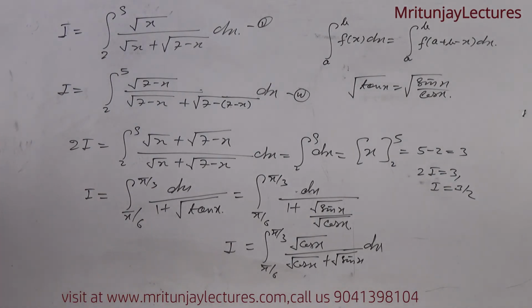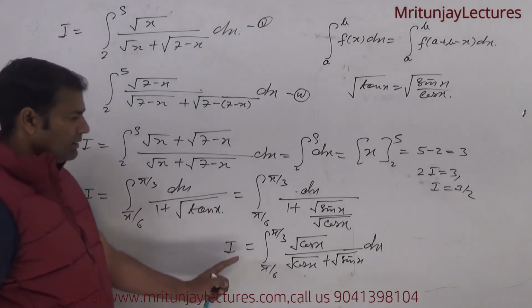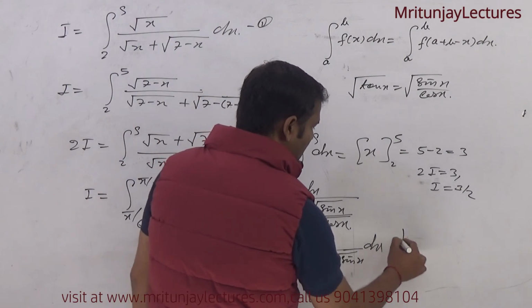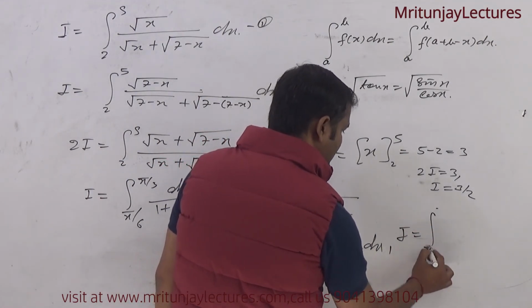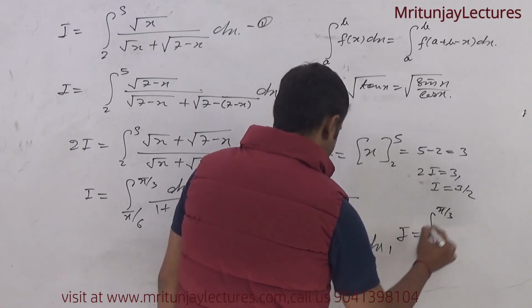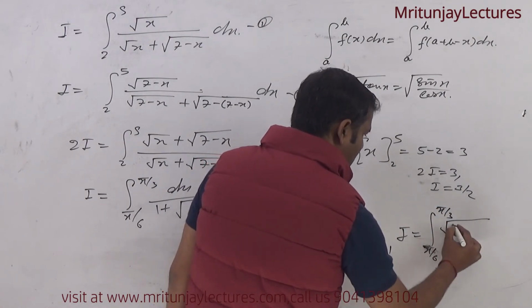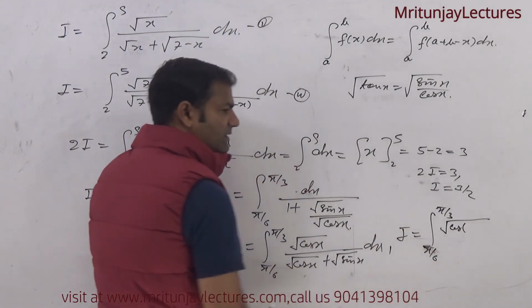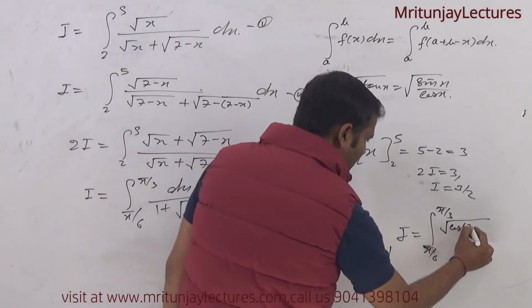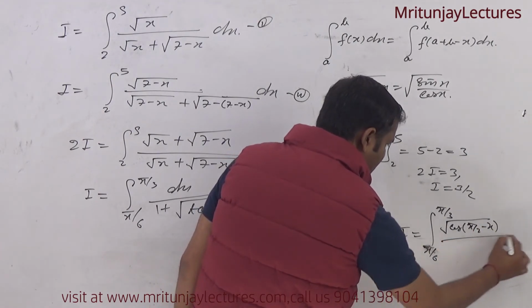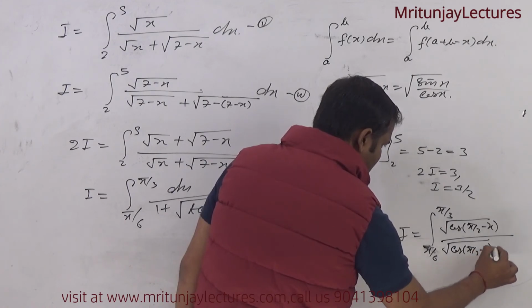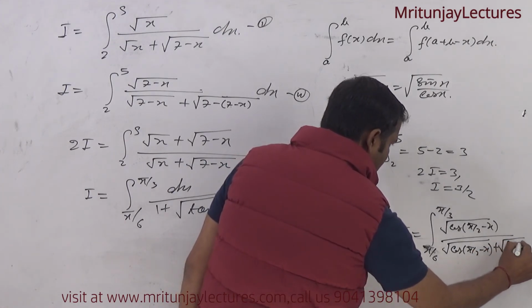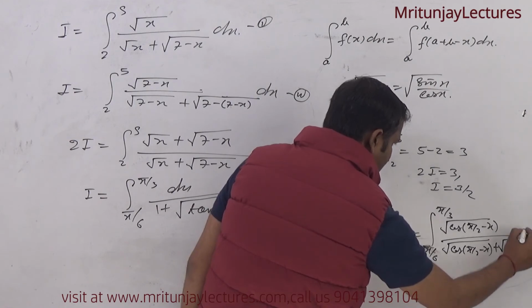Okay, once again apply the same property. I have already discussed it: from pi/6 to pi/3, that is pi/3 plus pi/6, that is pi/2. So root cos(pi/2 - x) divided by (root cos(pi/2 - x) plus root sin(pi/2 - x)) dx.